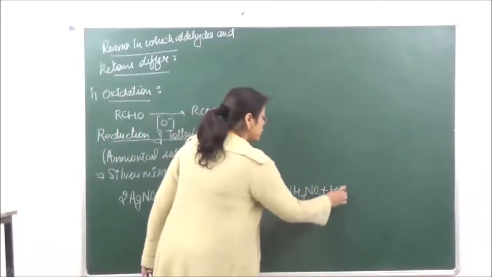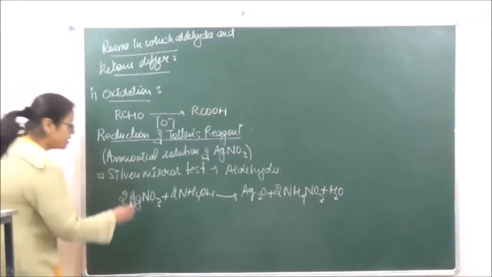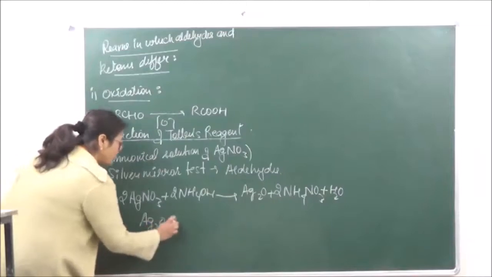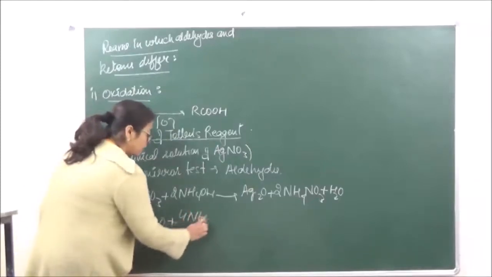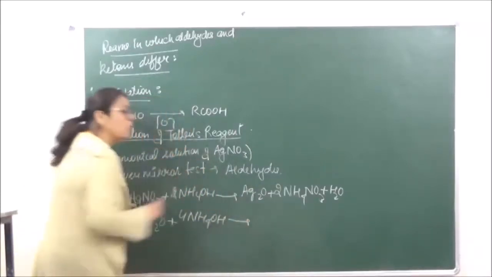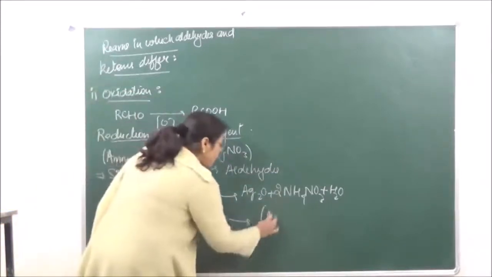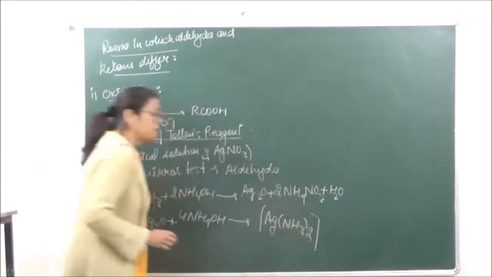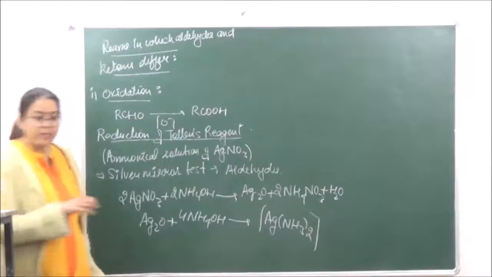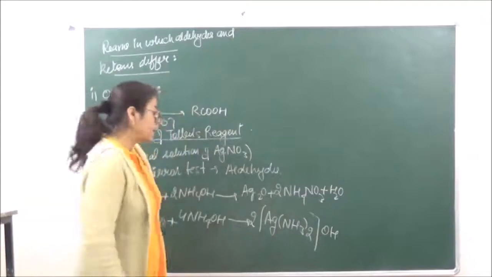This is the first reaction which takes place in order to prepare the Tollens reagent. Now the Ag2O formed in the first step is reacted with ammonium hydroxide to produce a complex solution of silver, known as the Tollens reagent, whose formula is [Ag(NH3)2]OH, and plus water.